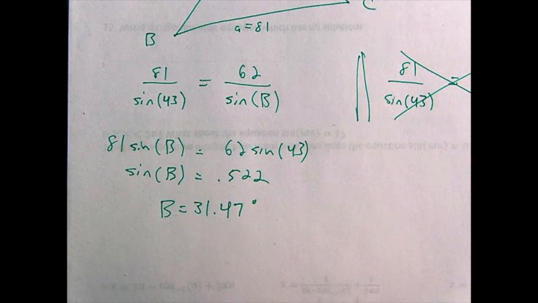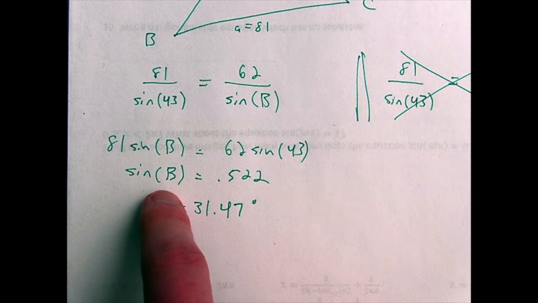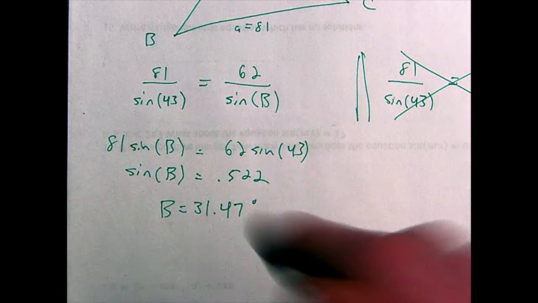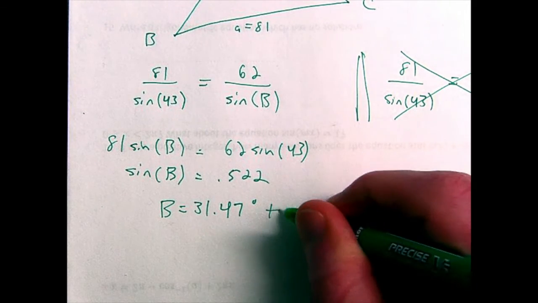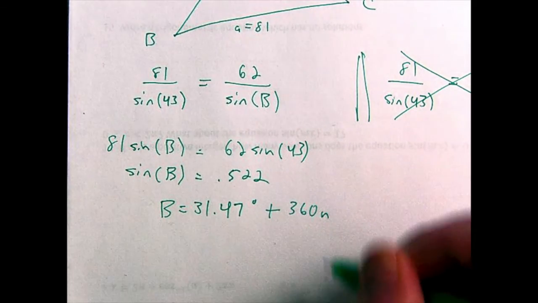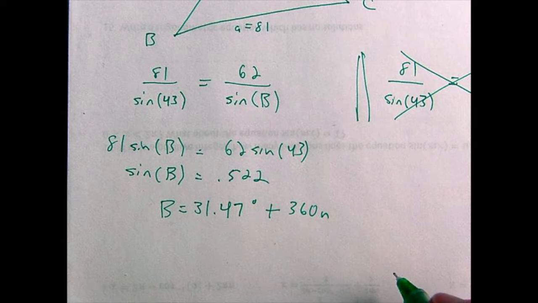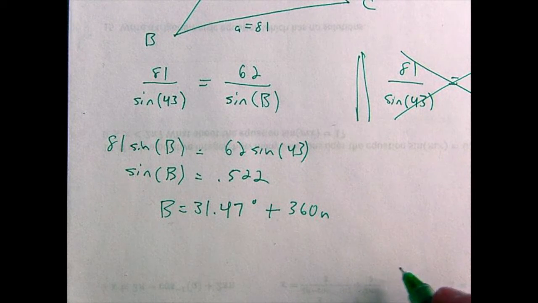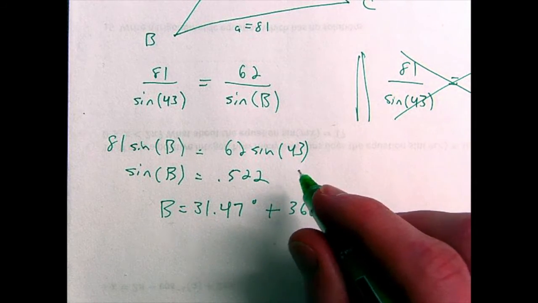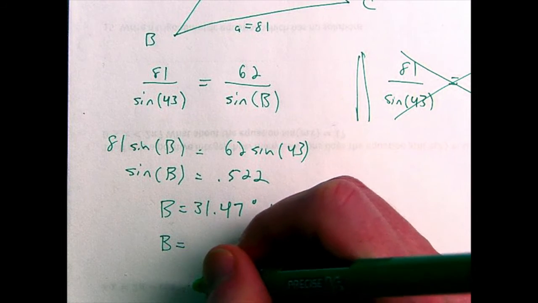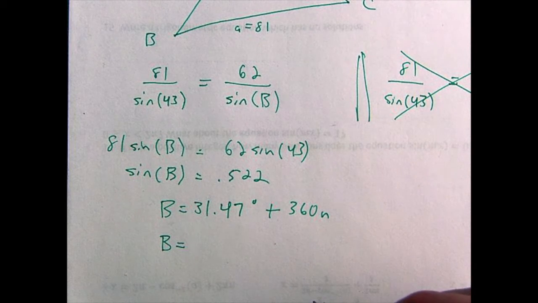That's great. The thing is, though, you know that there are other solutions to this trig equation, right? Technically, what are all the solutions to this equation? Well, this is one base solution. Any angle coterminal with this guy would also be a solution, so maybe I should write plus 360n. But there's also a second base solution, isn't there? There's a whole different angle on the unit circle whose sine is 0.522. Do you remember how to find it for sine? In radians you subtract it from pi; in degrees that would be subtracting it from 180.